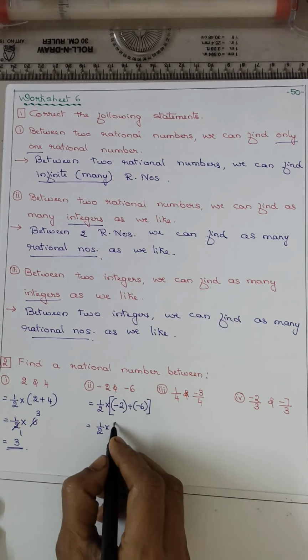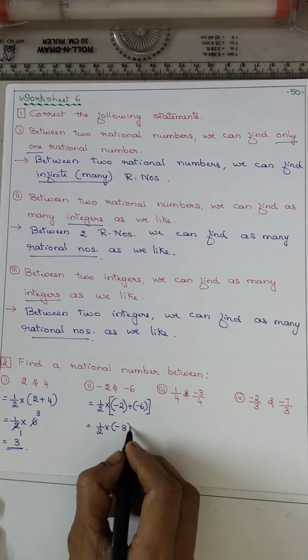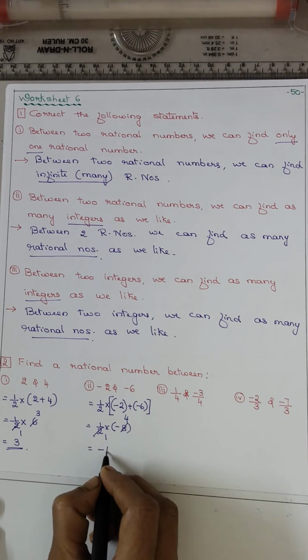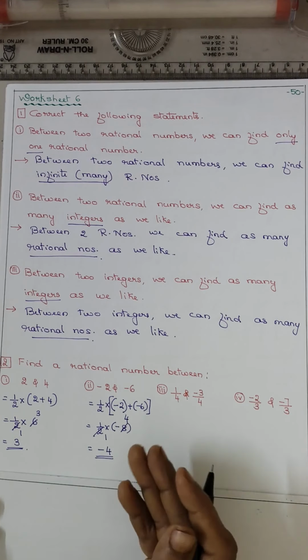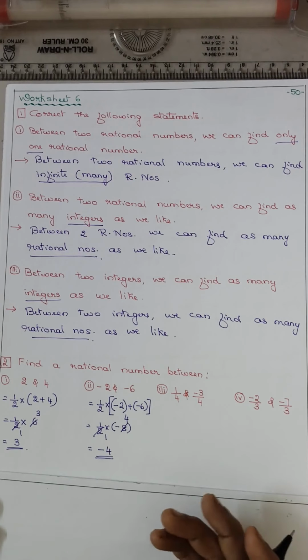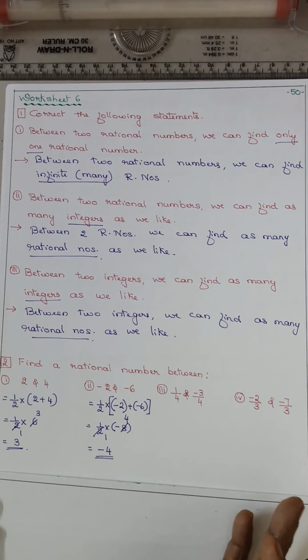Same signs you have to add. Put minus sign. 2 plus 6 is 8. Now 2 ones are 2, 2 fours are 8. Answer is minus 4. This also you know. Exactly between minus 2 and minus 6 comes minus 4.